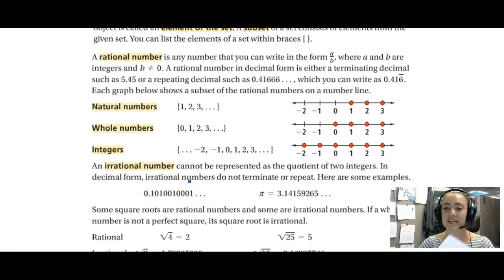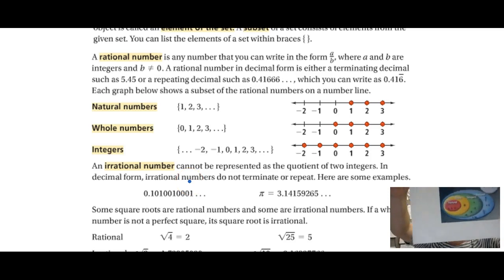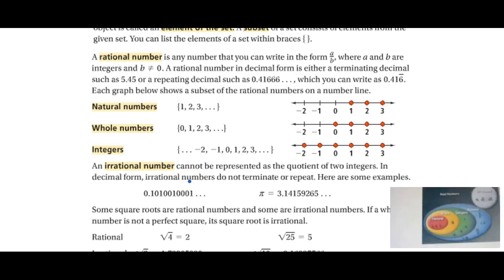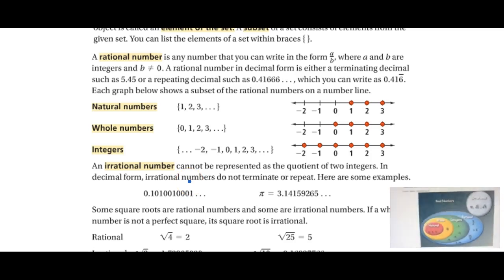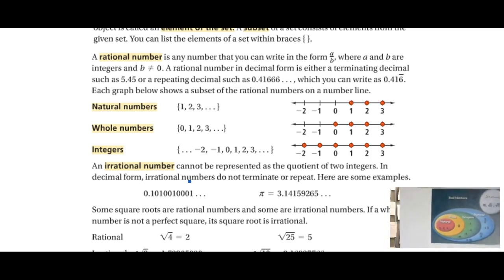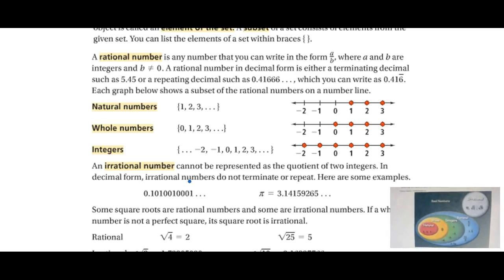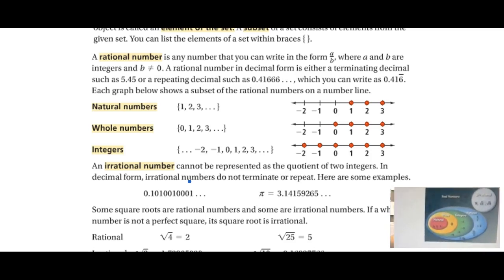If you need, this is in the help section of the message board and on the additional sections there. It's a clip art that can help you organize these. If you look there, you can see that real numbers involve everything in that rectangle.